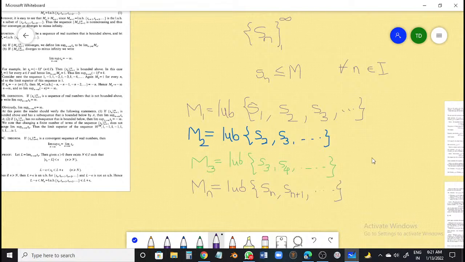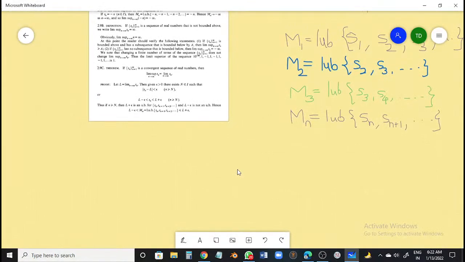So what we observe, what is LUB basically? What is least upper bound? That we must come back to the concept. So let us go back again to the earlier versions.